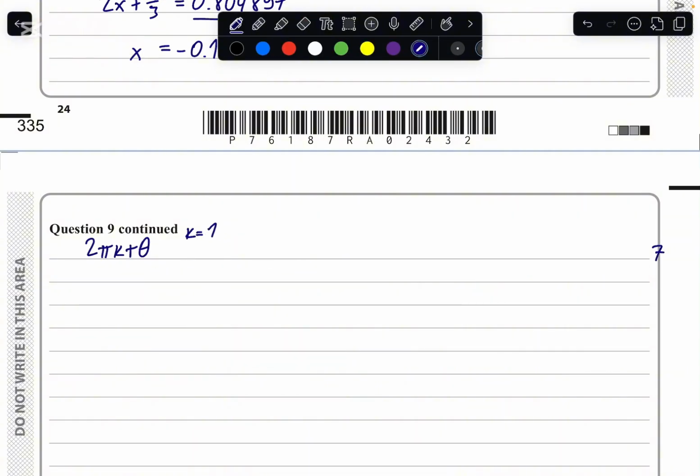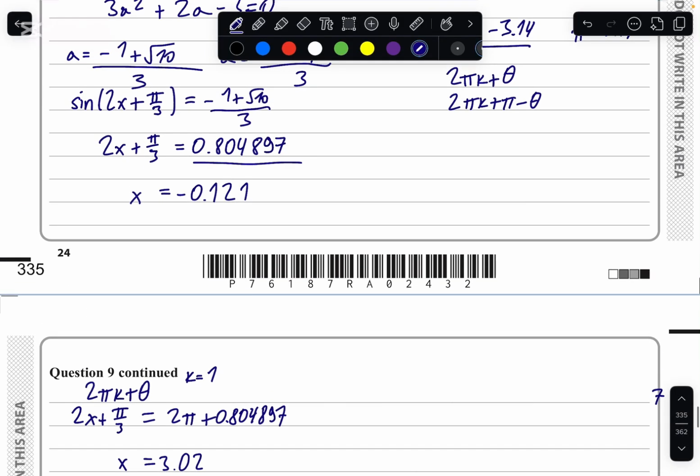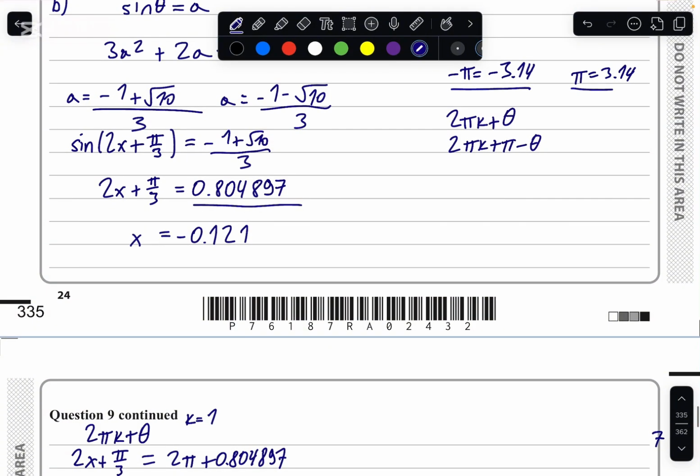Then we can try when k is equal to 1. So we'll get 2x plus pi over 3 equals to 2 pi plus 0.804897. And we rearrange x again, and we're left with x equals to 3.02 to 3 significant figures, which is valid because it's smaller than pi.